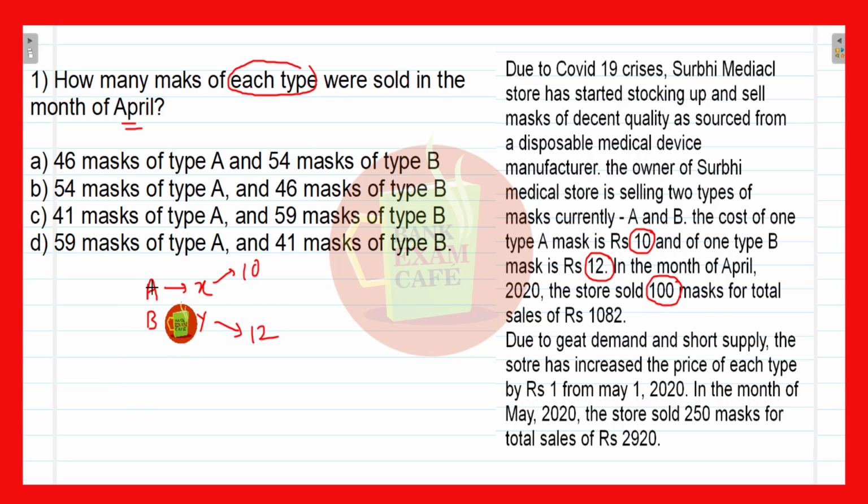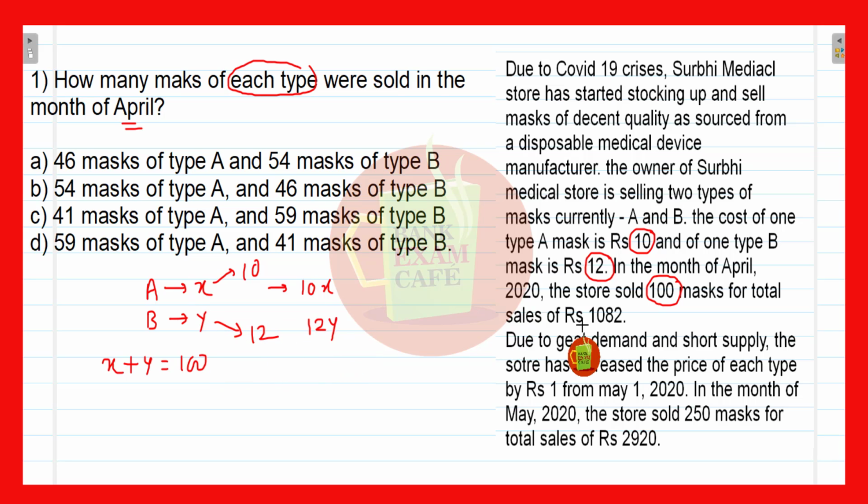So the equation will be x plus y, where A type masks are x and B type masks are y, so the total will be equal to 100. And the cost of A type mask is 10 rupees, and therefore the cost of x masks will be 10x and the cost of y masks will be 12y, because each B mask costs rupees 12.